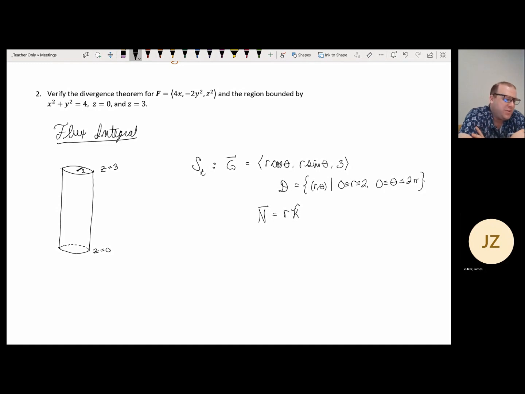So the magnitude of this normal vector actually depends on where on the circle you're located. Right at the center, you don't have one. As you move away from the center, the normal vector starts to get longer.